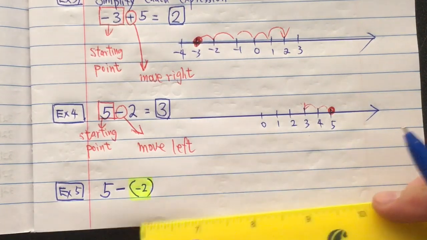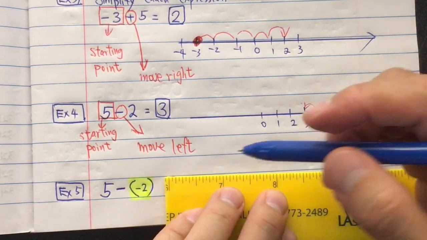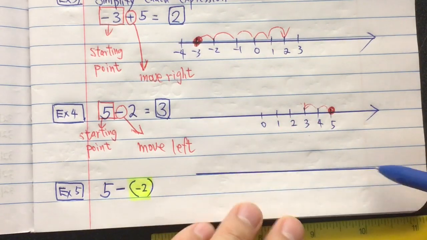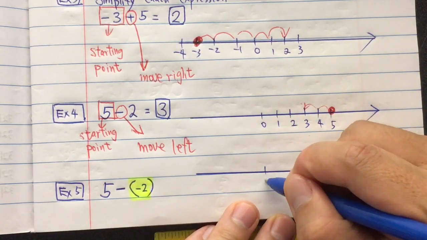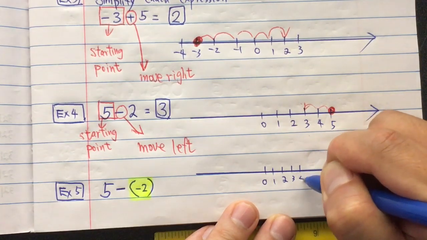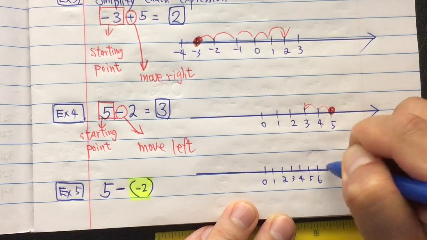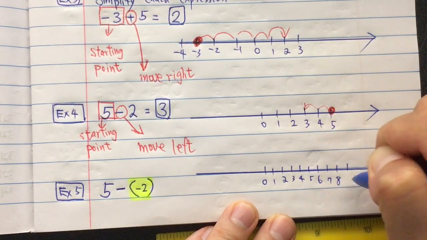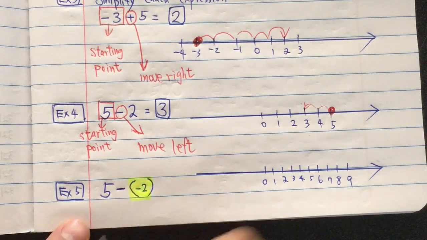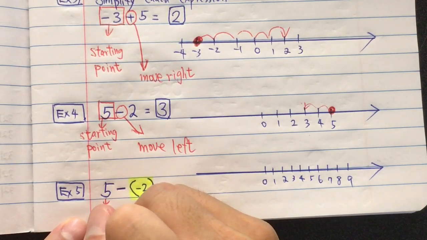Okay, so now how to do it? So now let's start, still make a number line. 0, 1, 2, 3, 4, 5, 6, 7, 8, 9. So far so good. So, ladies and gentlemen, 5 is still the starting point, right?